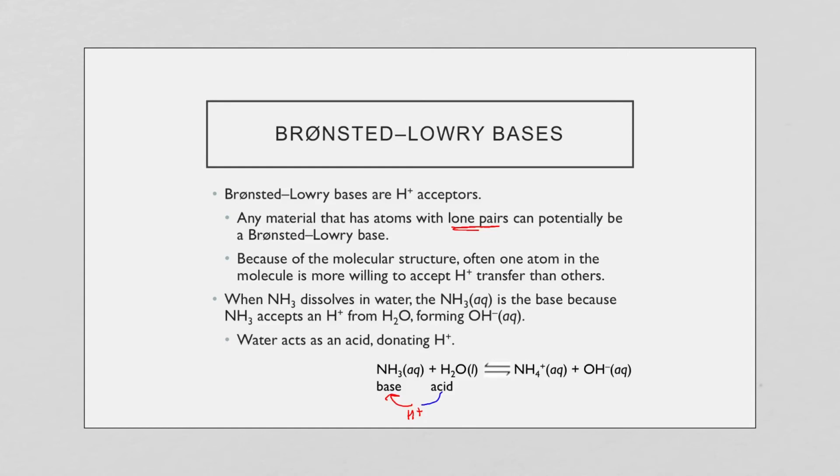Water will function in this reaction as our proton donor, and what we end up with is the base takes on that extra proton and becomes, in this case, NH4+. The acid loses an H+ and becomes OH- or hydroxide.